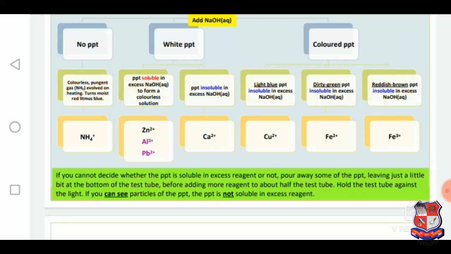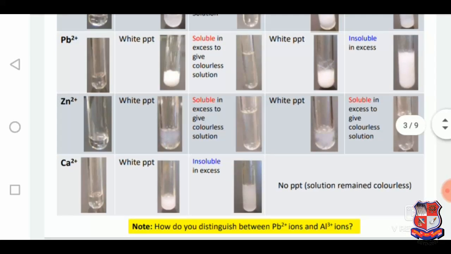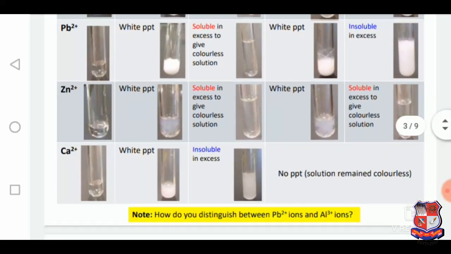If you cannot identify whether it is soluble or insoluble, then pour away some of the precipitate, leaving just a little bit at the bottom of the test tube. And that is the ideal practice to be followed before adding more reagent to about half the test tube. If the student is trying, like here for the zinc, very little precipitate is obtained, and you cannot say whether the precipitate is obtained or not.